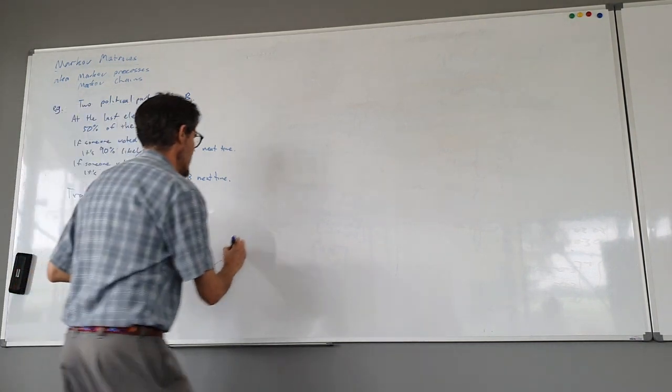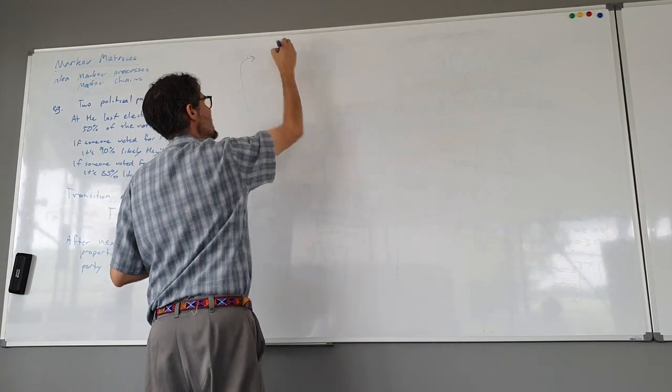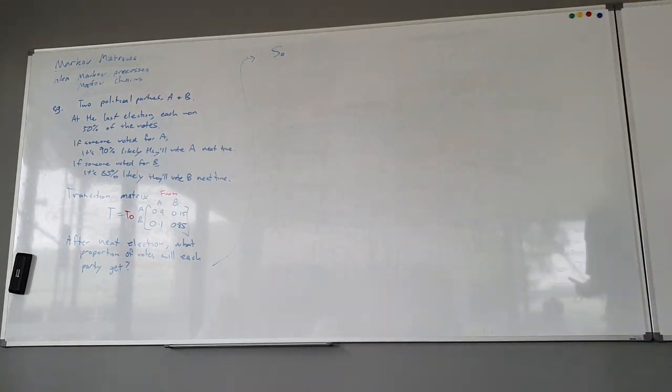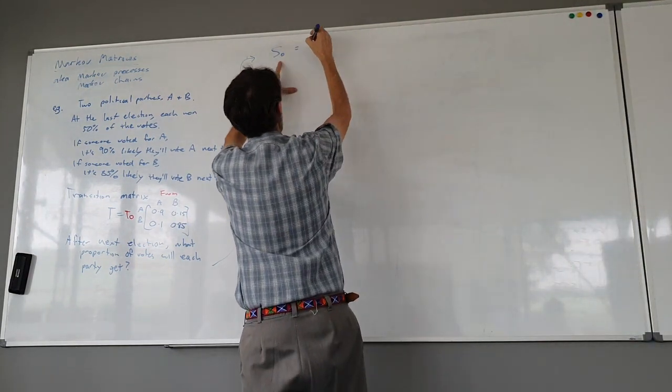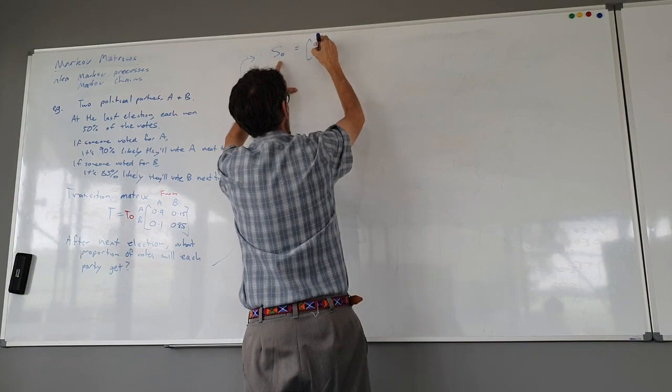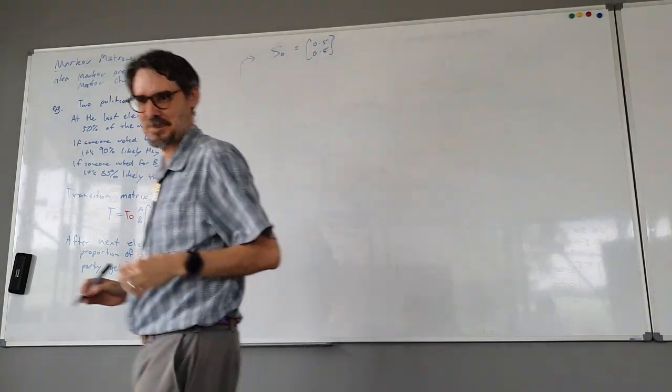So what I'm going to do is start with an initial state, S for state. That's what I know I'm starting with. 0.5, 0.5, half each.